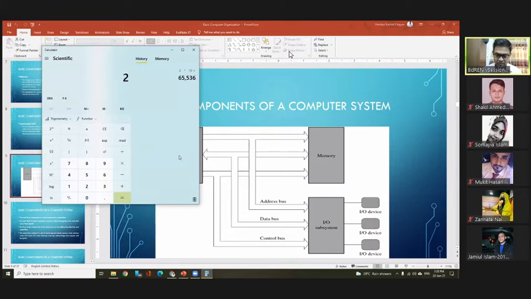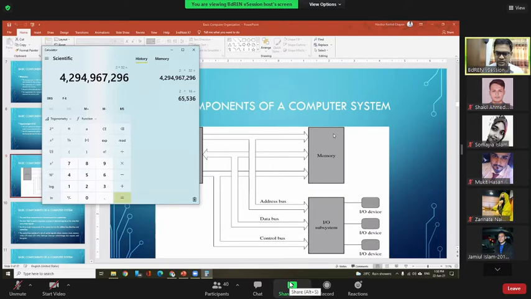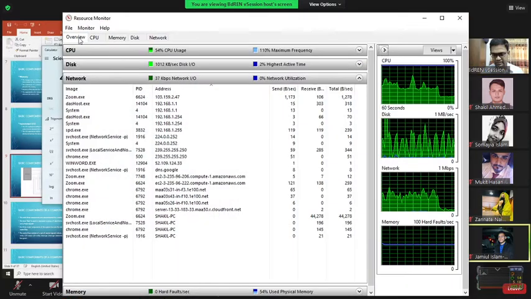If your address bus is 32 bit long, you have maximum 4 gigabyte of memory. That's why previous computers and previous processors, which are 32-bit processors, could not have more than that.